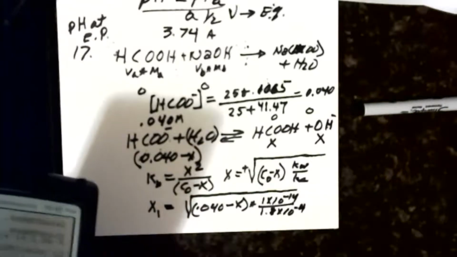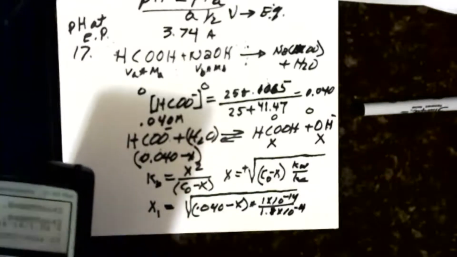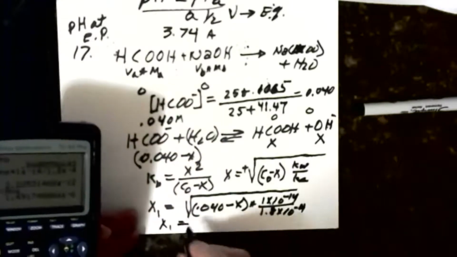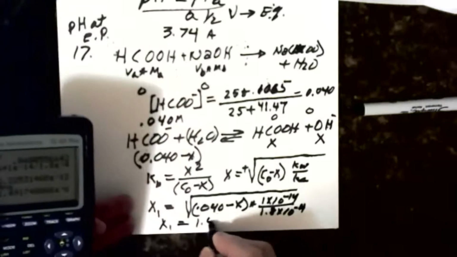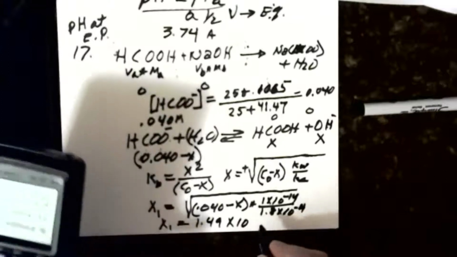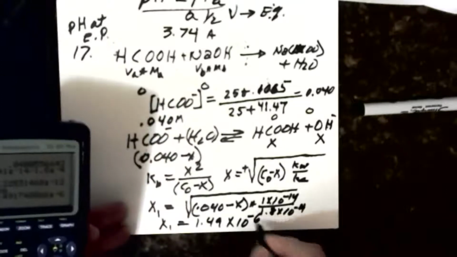Okay, and then I take the square root of that answer. And I get my X1 is going to be 1.49 times 10 to the minus 6.